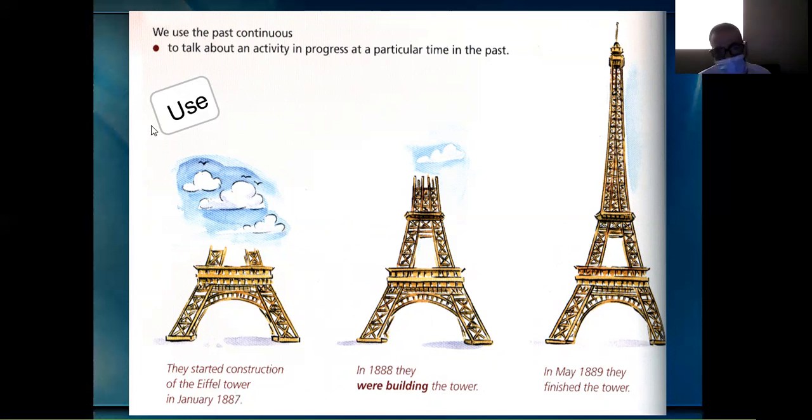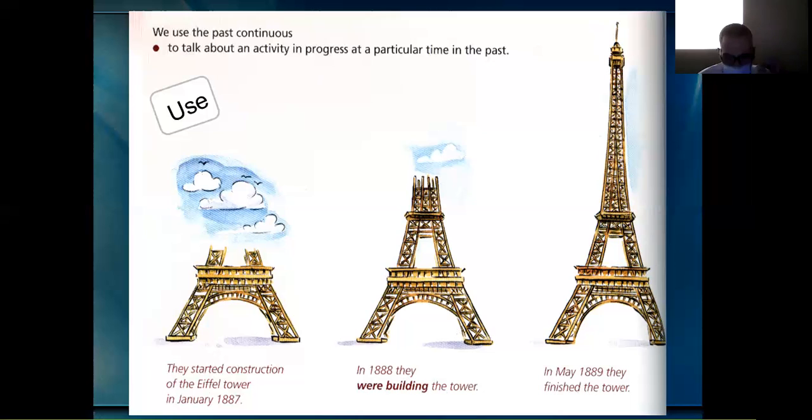Now, all the action was in the past. Here in 1888, they were building the tower. Okay, they are continuing building now. In May 1889, they finished the tower. So here the action is over.